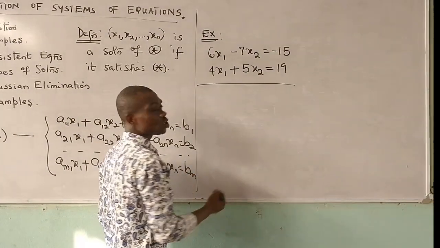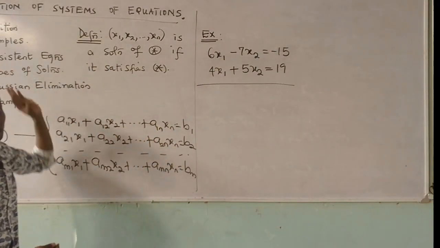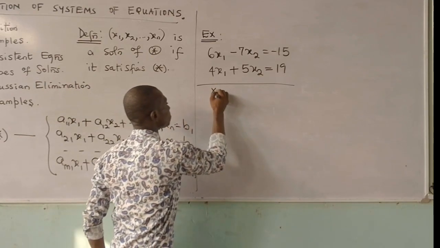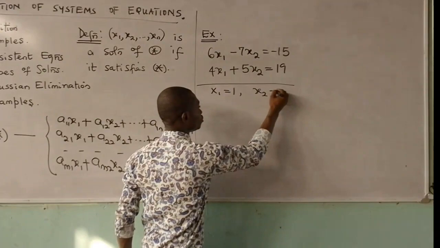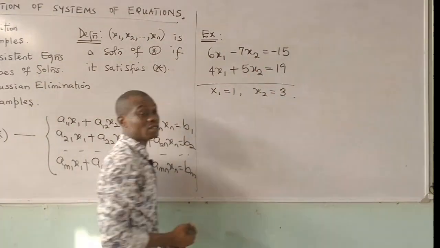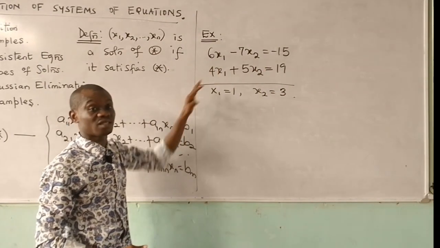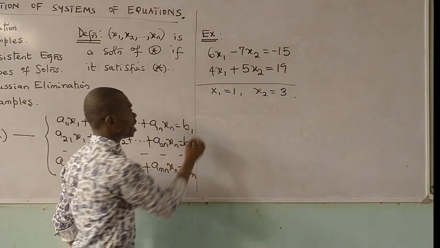Before then, just for us to see what a solution set is, if I put my x1 as 1 and my x2 as 3, you see that this will satisfy the system. Of course you can run a check.